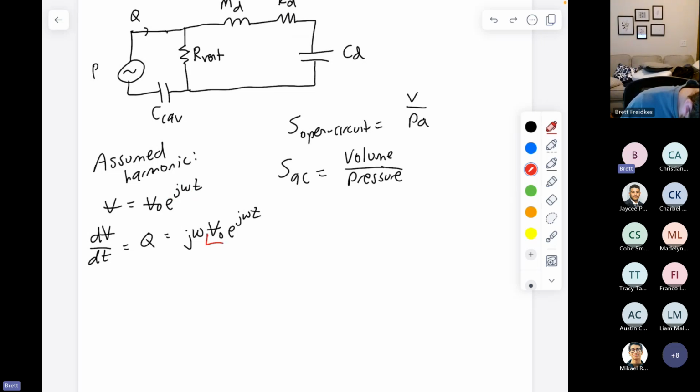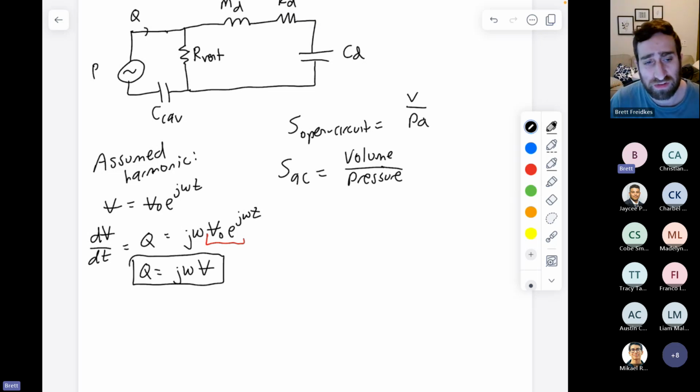And you see that this V naught here with the e to the j omega t is just simply our volume. And what we discussed is that anytime you take an integral or a derivative, you end up bringing in this extra factor of j omega or 1 over j omega, just based on the fact that we're assuming that it's harmonic. Does that make sense, or any doubts about what I just said?